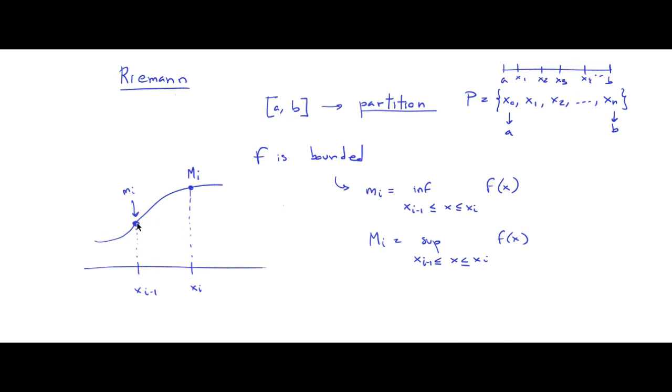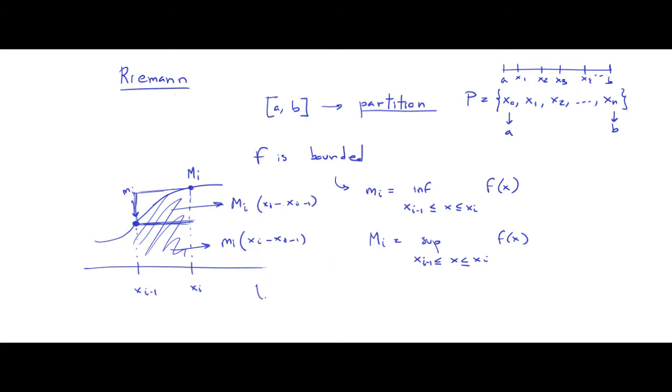So the area of this rectangle, we choose this rectangle as we did before, is going to be mi times xi minus xi minus 1. And the area of this rectangle, which includes all of this, is capital Mi times xi minus xi minus 1. So now we can sum the areas, the big area, what we call the upper sum, and the lower sum.